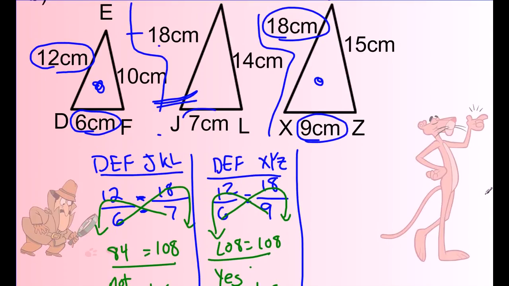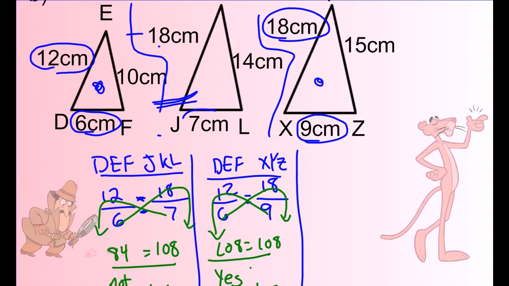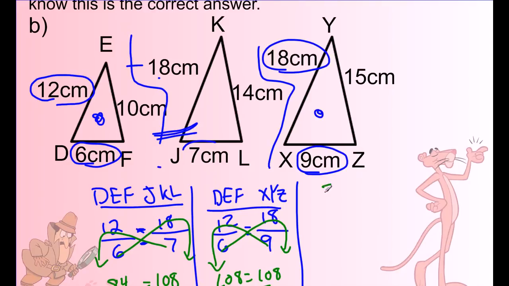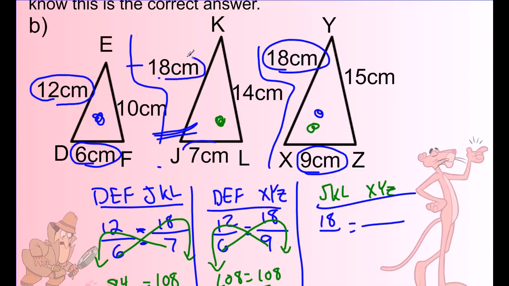Now, just for the sake of completeness, I'm also going to check the last pair. So I'm going to check J, K, L, and X, Y, Z. So I'm going to check this one and this one. So let's see. Same sets of sides. I'm going to use 18 from here, and the corresponding side is 18. 7 from here, corresponding side is 9.